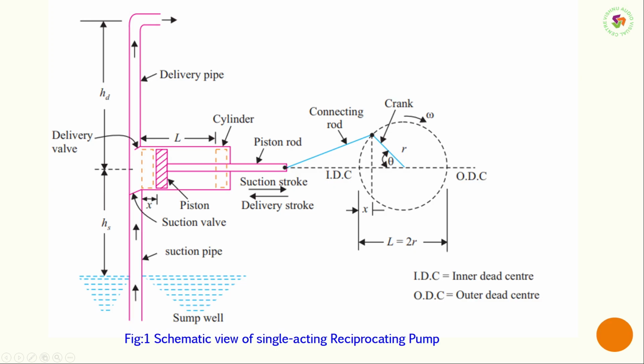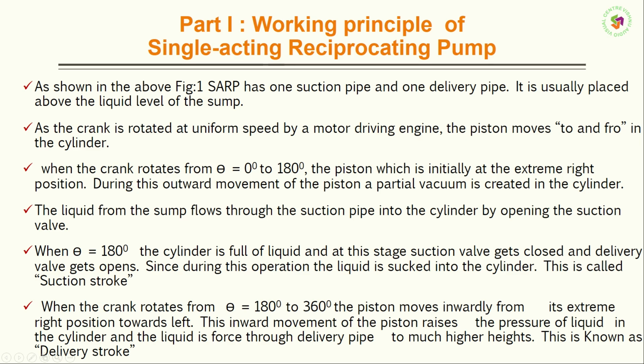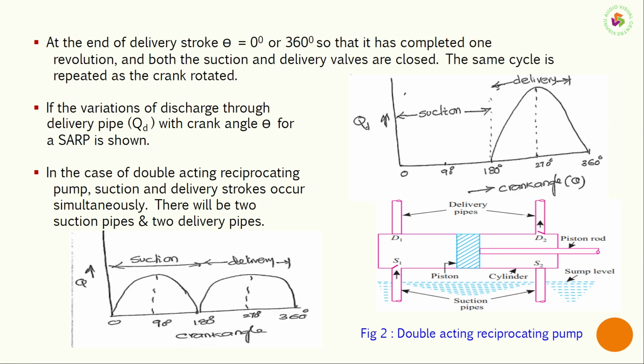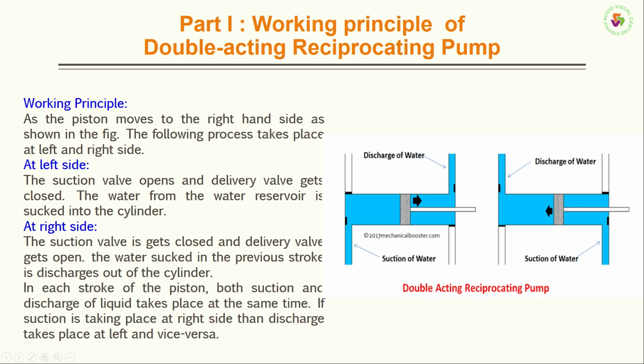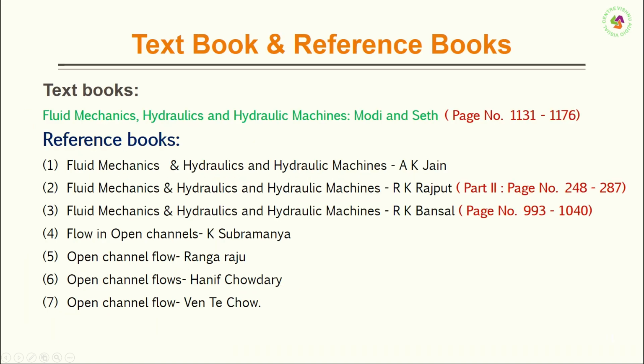In today's lecture, let us brush up on the topics we have discussed. We started with the reciprocating pump and explained its principle, its components, and the classification of reciprocating pumps. Finally, we explained the working of the reciprocating pump.